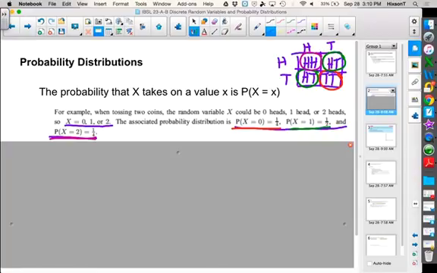Okay. Now, you might see this put into a table where one column of the table will have this probability that X equals 0, probability of X equaling 1, probability of X equaling 2, and then in the second column of the table, you'll see the different probabilities listed. Okay?